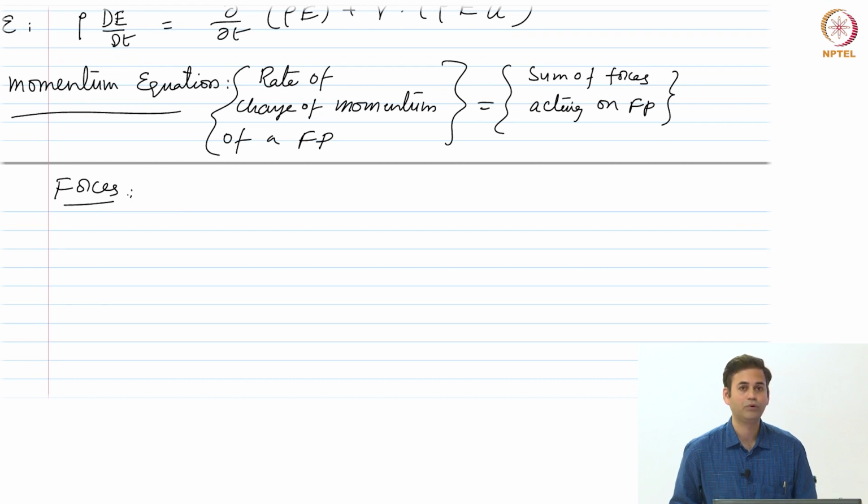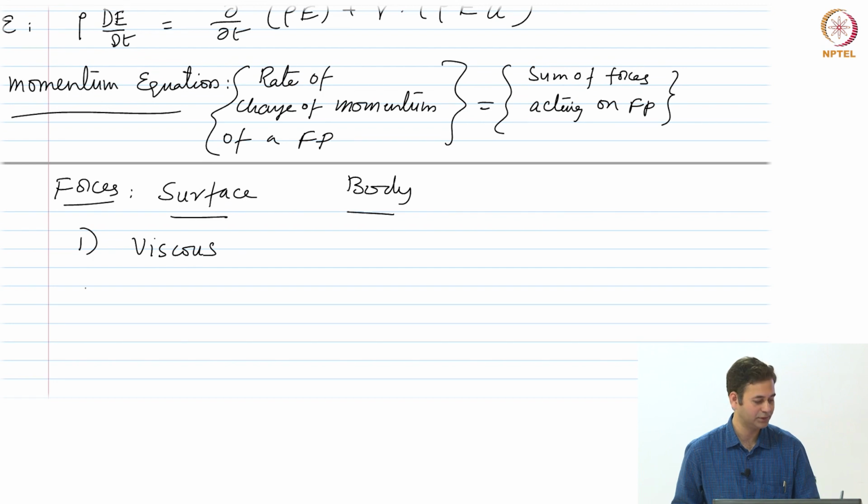What are the forces that act on a fluid element? We can categorize them into surface forces and body forces. What are the surface forces that you can think of? The stresses, the shear stresses or the viscous stresses. So you have the viscous forces that arise out of the viscous stresses, and then what else? Pressure. So you have the pressure forces and the viscous forces, coming out of the pressure and the shear stresses that we have in the flow.